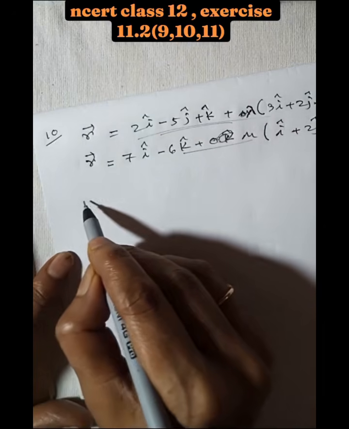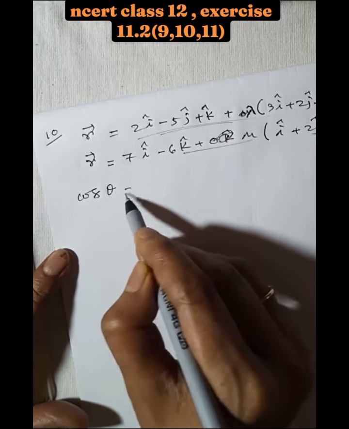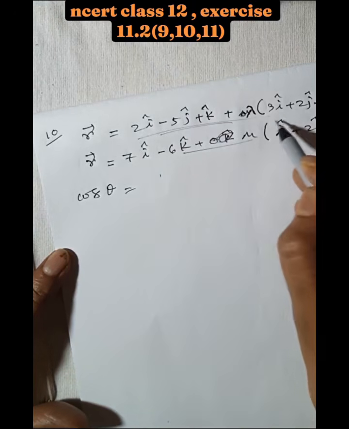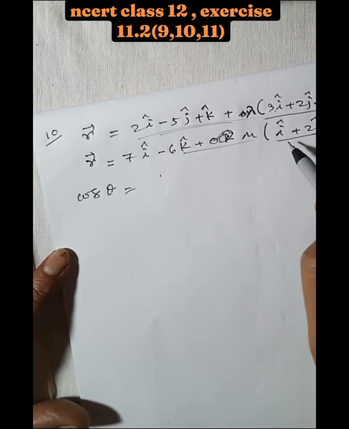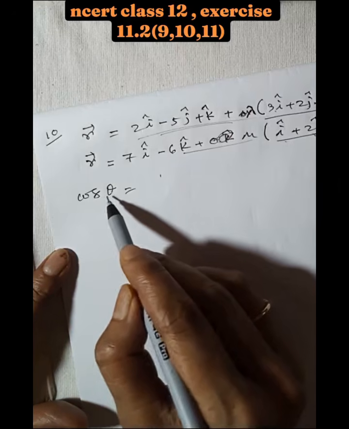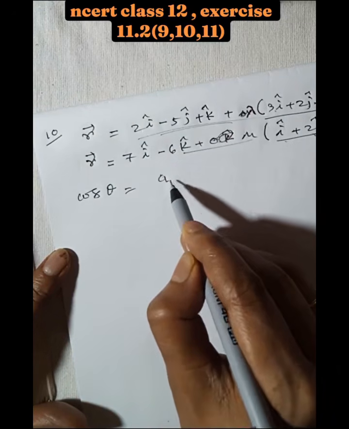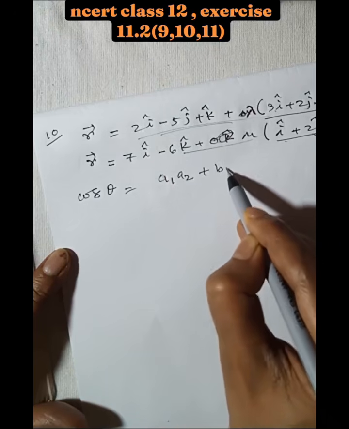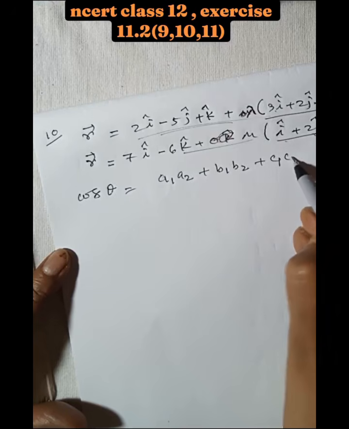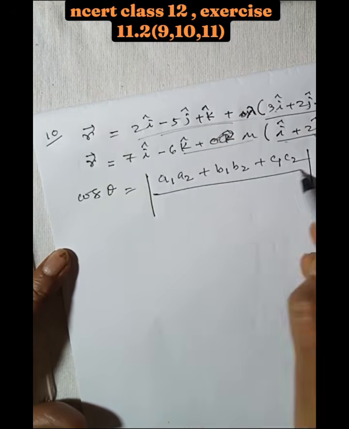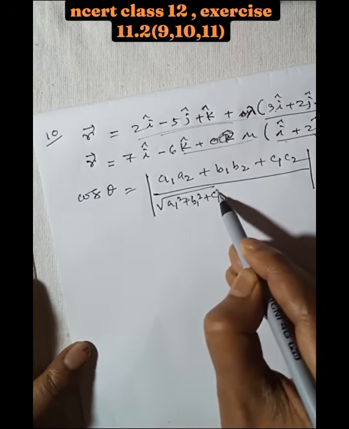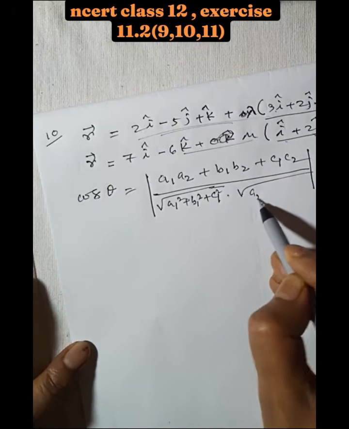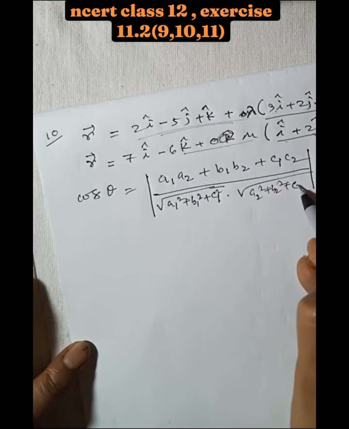We know cos theta equals the modulus of a1 a2 plus b1 b2 plus c1 c2, divided by root over a1 square plus b1 square plus c1 square times root over a2 square plus b2 square plus c2 square.